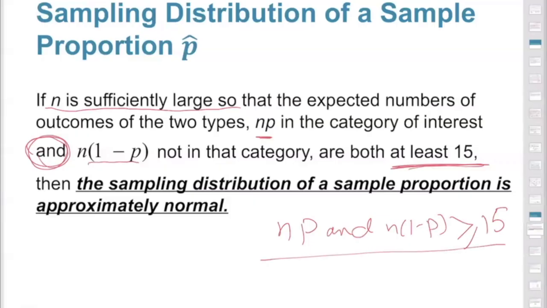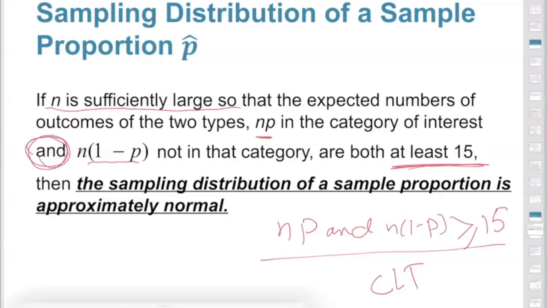So in this case, you can apply the central limit theorem. You can apply the central limit theorem on the proportion, or the sample proportion, if N times p and N times 1 minus p are greater than or equal to 15.